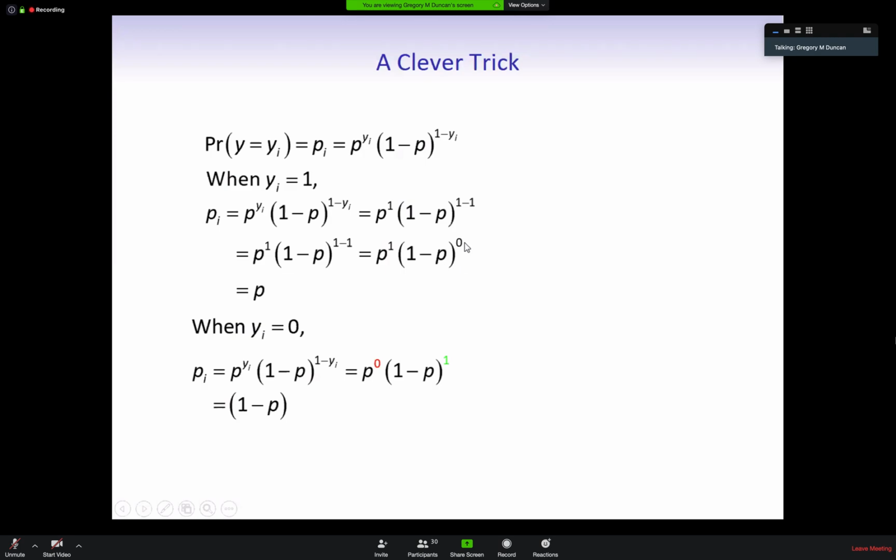That's 1. Notice here it was 0. And so I get P to the 0, which is 1. 1 minus P to the 1, which is 1 minus P. And so regardless of what Y is, the PI is correct. That is, the probability of seeing YI is P to the YI, 1 minus P to the 1 minus YI. So this is a trick that we will use quite often.